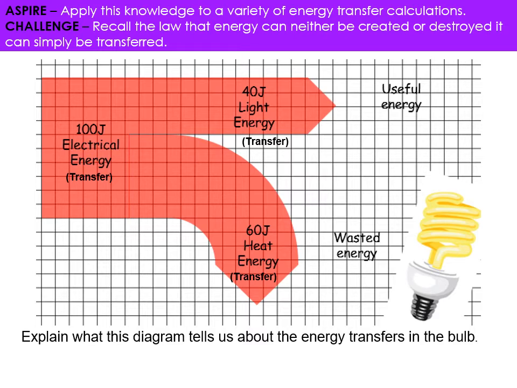I'm going to give you 30 seconds to think about what you think it is showing us before I give you an explanation. Look at the diagram very carefully. There's a reason why it's drawn on kind of graph paper or squares. I'll give you 30 seconds.